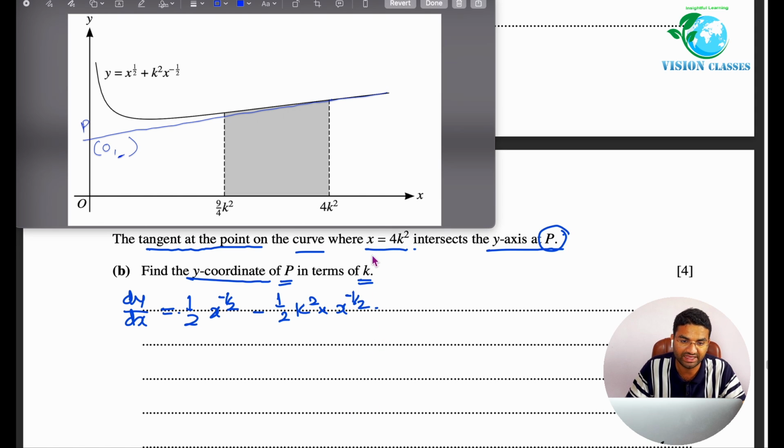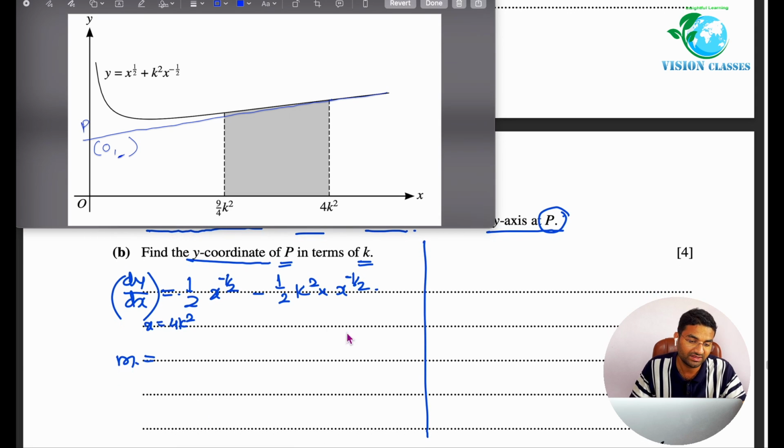You have to take x equal to 4k square, replace x with 4k square, and you will get the value of the gradient. Use this gradient and the x and y coordinates to find the equation of the tangent. So firstly we will find the gradient.